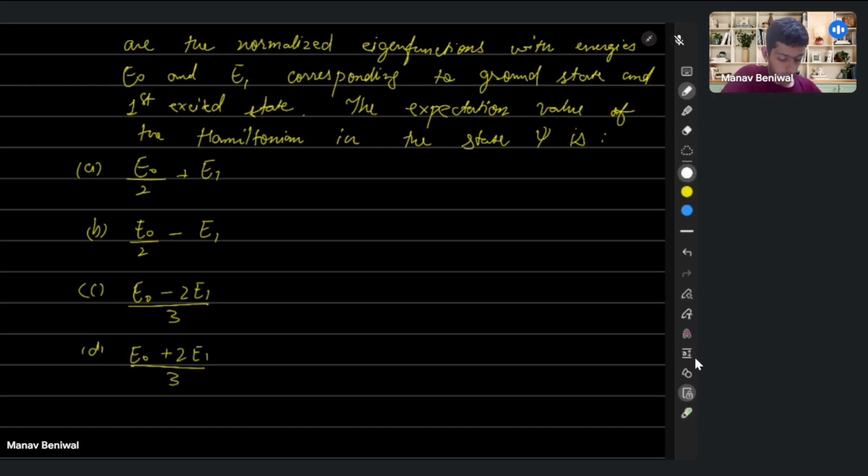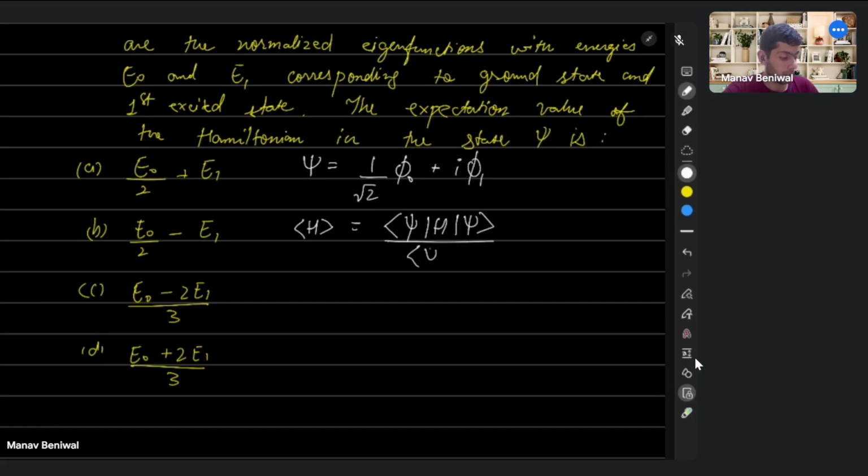Now as defined earlier, let's first rewrite psi. Psi is 1 over root 2 times phi naught plus iota phi 1. As defined earlier, the expectation value for the Hamiltonian is given as psi H psi over psi psi.